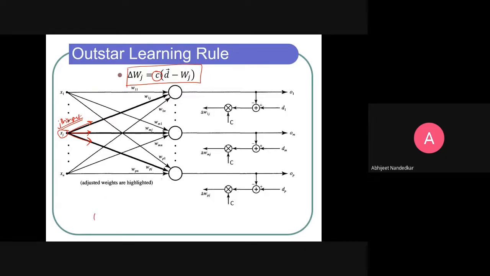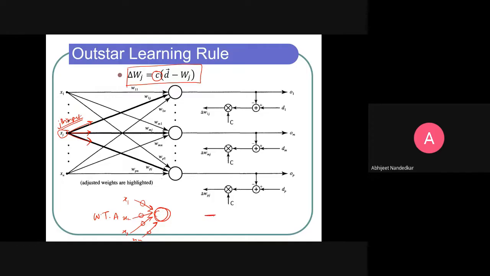In WTA, we were selecting a winning neuron like this, and the weights coming from different inputs to this winning neuron were updated. Now here the situation is totally different.